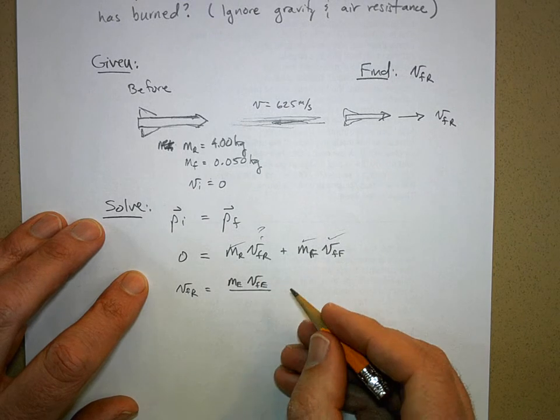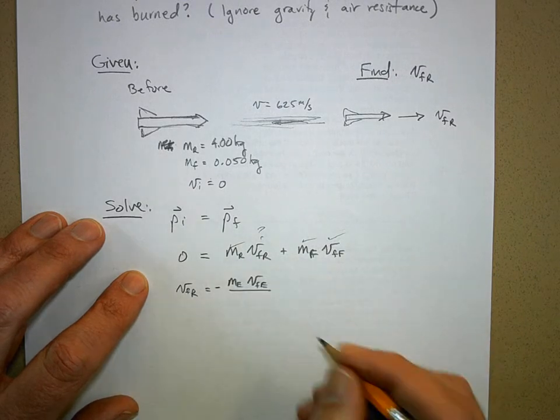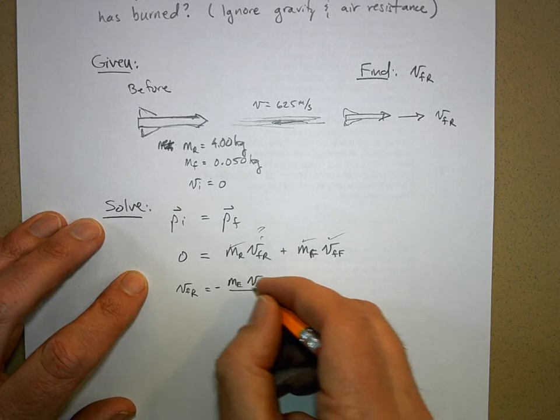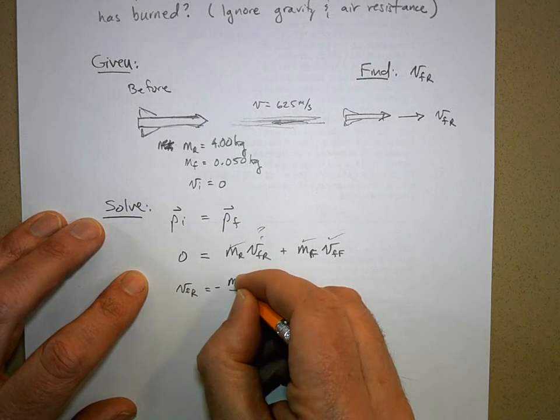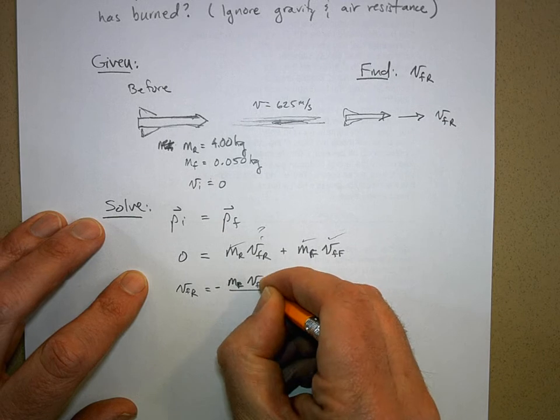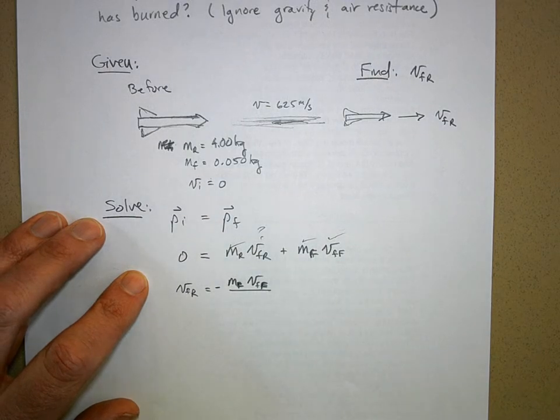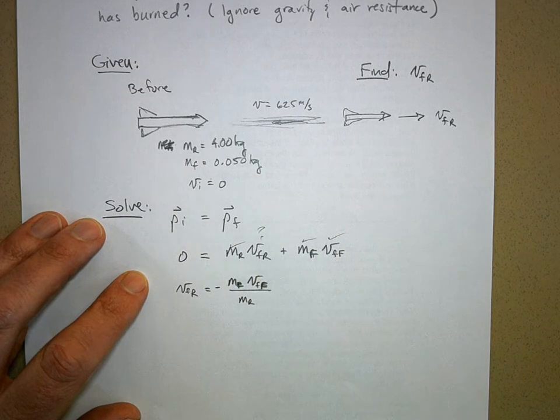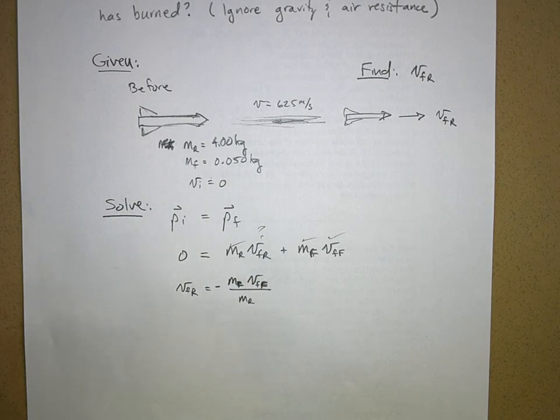Well, you subtract it, so you're going to have a negative over here. What did I do? I made it an E. Sorry about that. Divided by the mass of the rocket. Now this negative is going to cancel out here. We'll see in a minute.